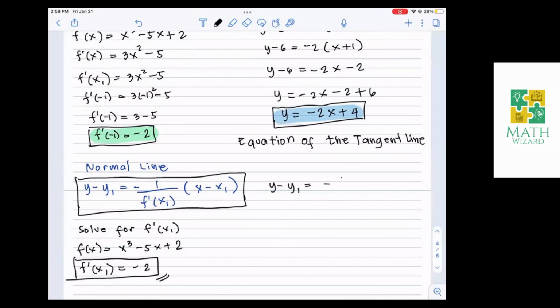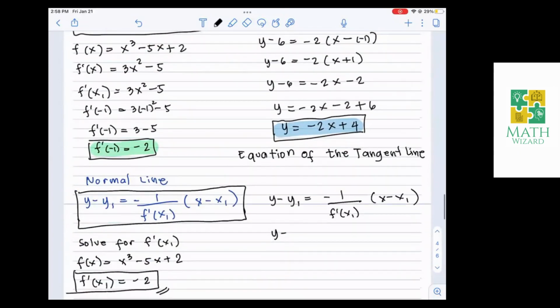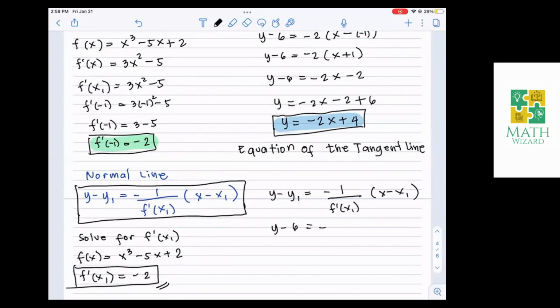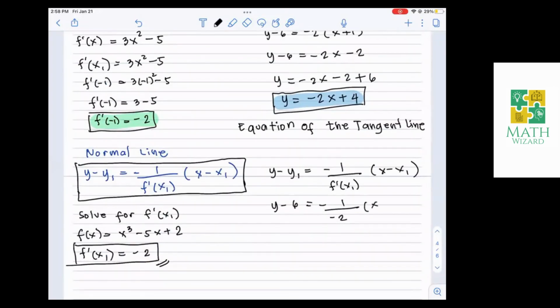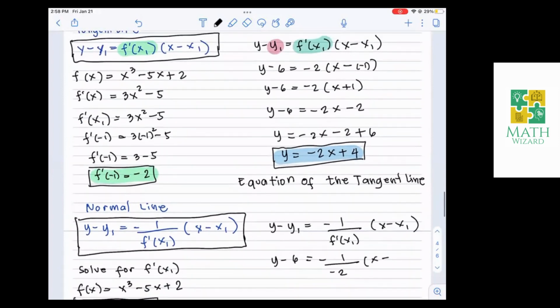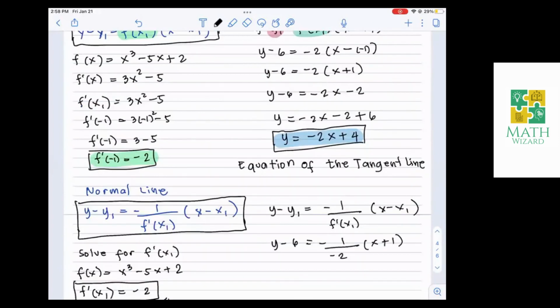So, negative 1 over the derivative of f at x of 1 times x minus x of 1. Y minus y of 1 natin ay 6 is equal to negative 1 over negative 2 times x minus x of 1 natin ay negative 1. Gawin ko na siya ang plus 1.